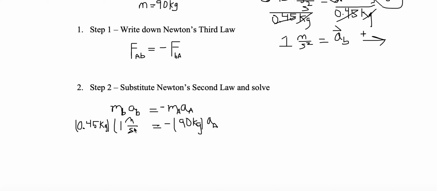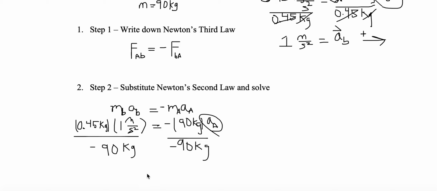And now we're able to solve for the acceleration of the astronaut. This is what we're trying to solve for here. So we need to divide both sides by minus 90 kilograms, just like we did in the previous example. And then we'll be able to cancel numbers and units easily. Let's start with the equal sign, so we'll carry our equal sign down.